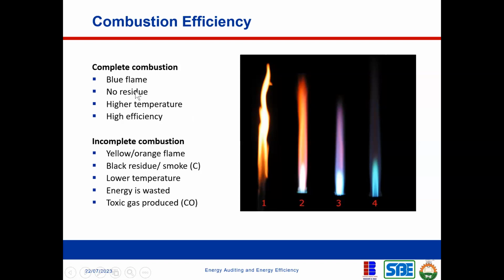If you have a complete combustion, the flame will be blue, there will be no residue, the temperature will be high, and of course, higher efficiency. But when you have an incomplete combustion, you see orange or yellow flames, you see black residue and smoke, the temperature is going to be low, energy is wasted, and you have a toxic gas, which is the carbon monoxide that I talked about. This is a clear indicator that tells you that the combustion is not complete.